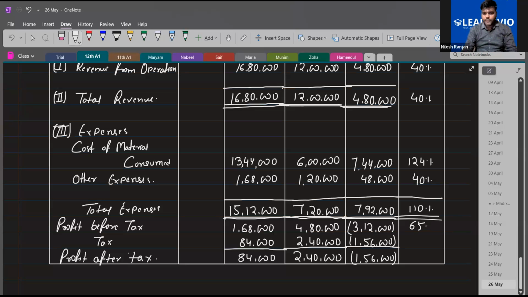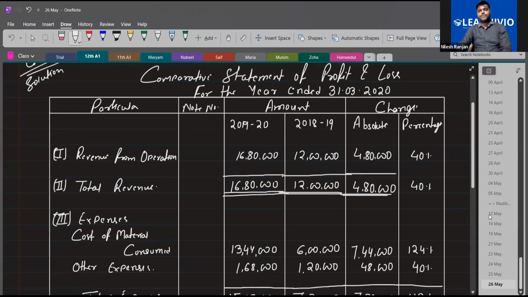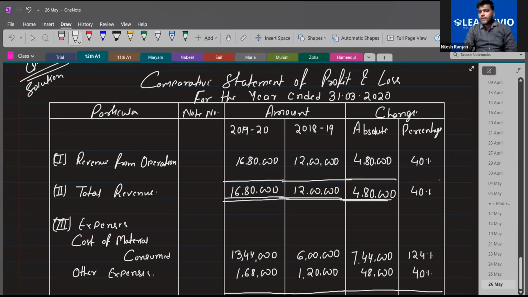This is 65%, and this is also 65% and 65%, but all three here are negative. Okay, so this is our solution of the statement of profit and loss.